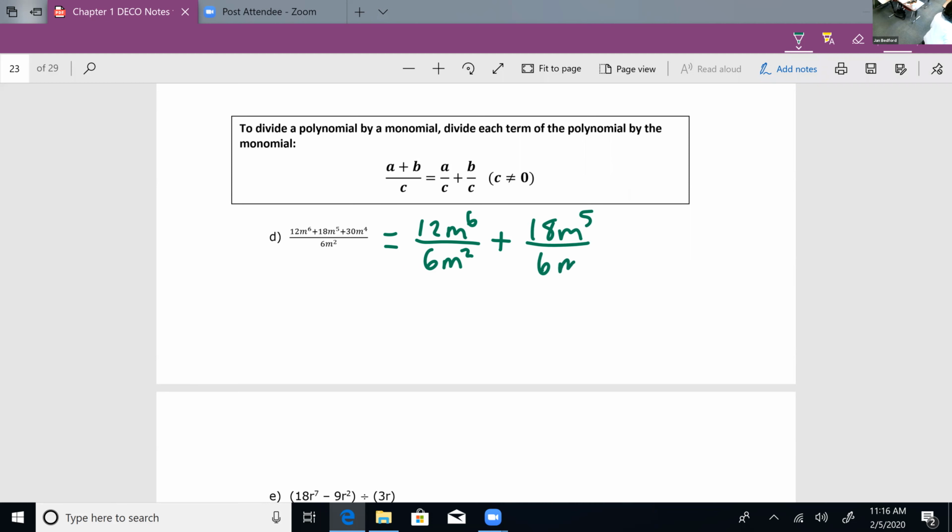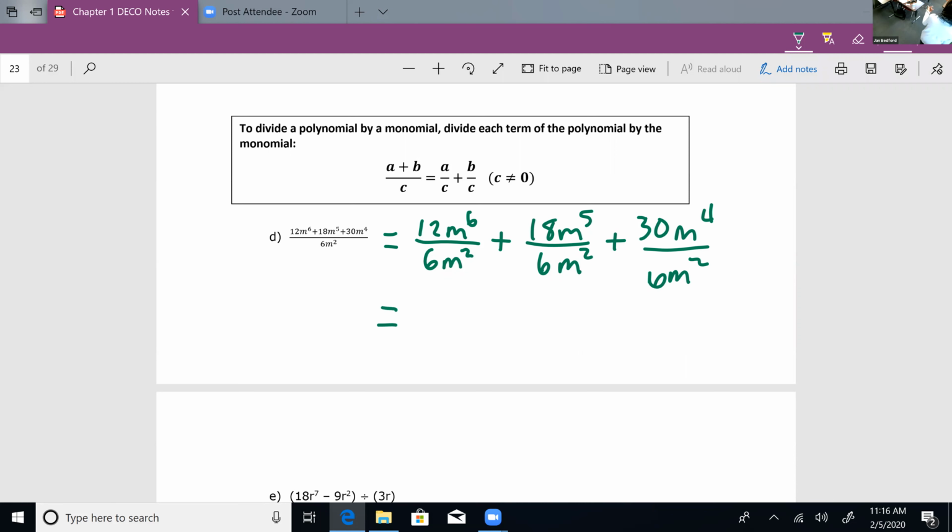Now, you may be wondering, why would I want to do that? Well, the reason is it makes it a lot easier to clean this guy up if I'm just looking at it as a single fraction. Because now, what could I do if I have 12 on the top, 6 on the bottom? Will that reduce down?